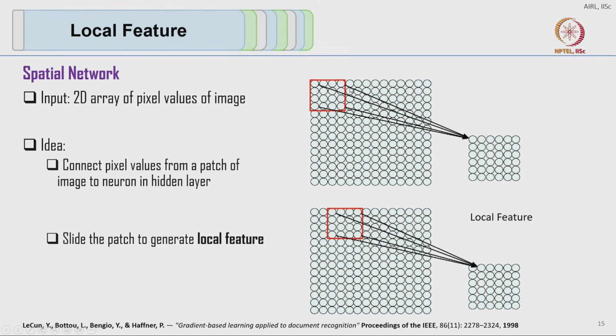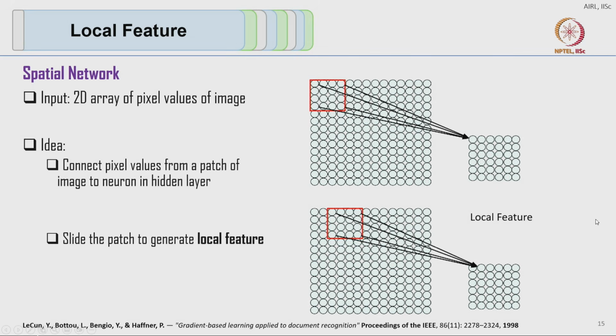Then I slide this patch, extract and represent it in another pixel, right. So I can process a patch of information to extract something and represent it in a different dimension, right. That is the transformation. I am extracting local information and attributing it to some pixel in the next activation.